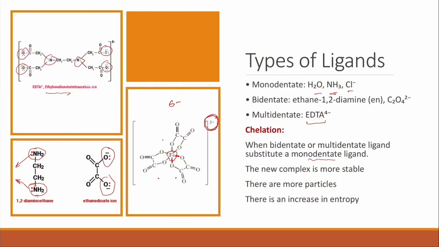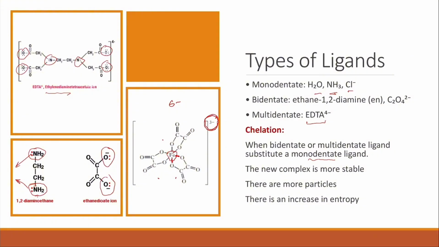In this case, if you have as a product a higher number of particles, that means the system will be more stable because the entropy will increase. So when we talked about the entropy, the degree of randomness or disorder, it increases with the increase of the number of particles.